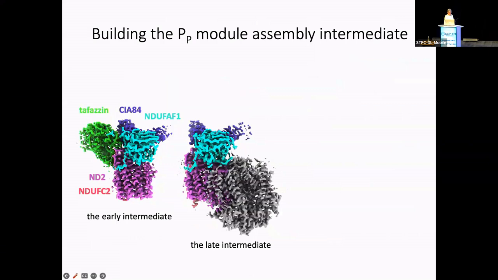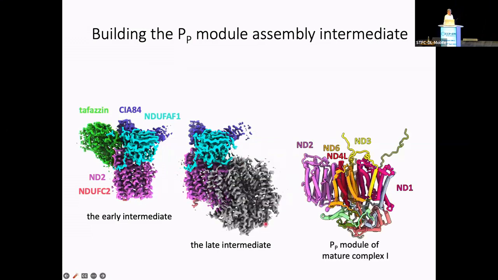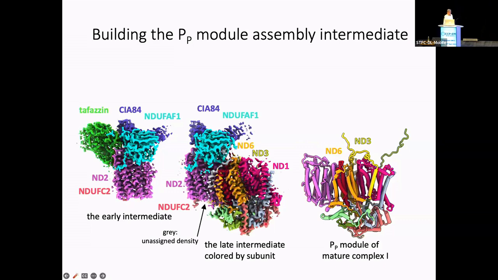So the large intermediate here has lost tafazzin for the most part, but it has a lot of other density, and we can fit in here all the other subunits of the PP module. Shown here, but there's one gray density here that is left over that has not been identified.